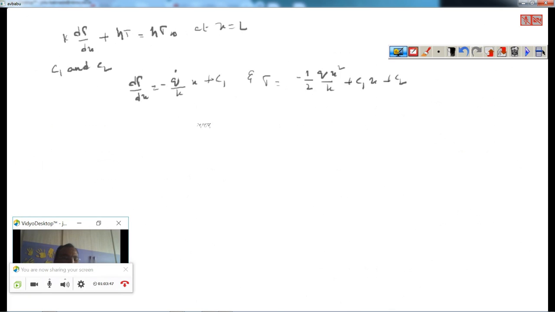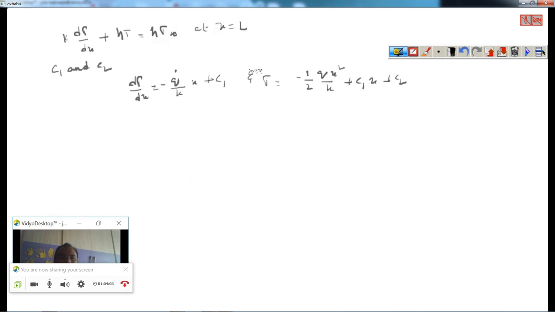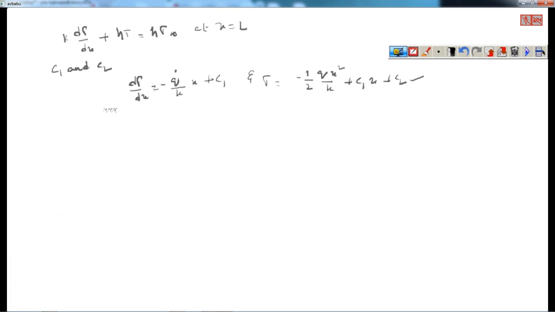The boundary conditions are, first, boundary condition 1. I am trying to apply it. When I apply x is equal to 0 to the temperature equation, T would become T0.